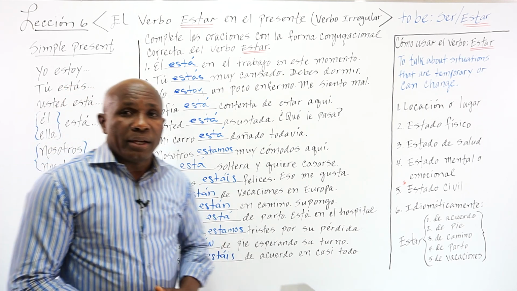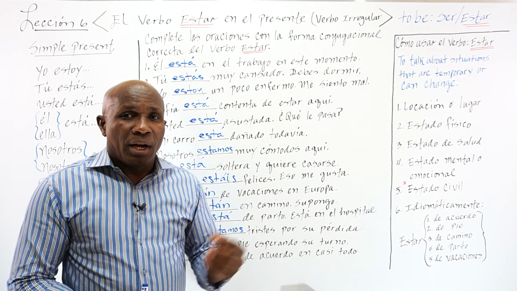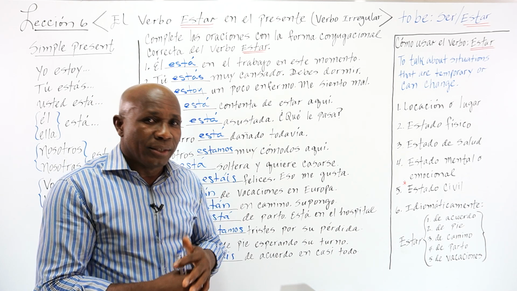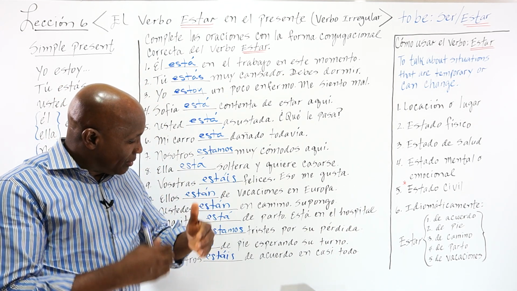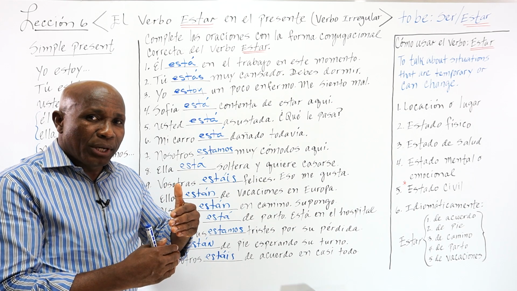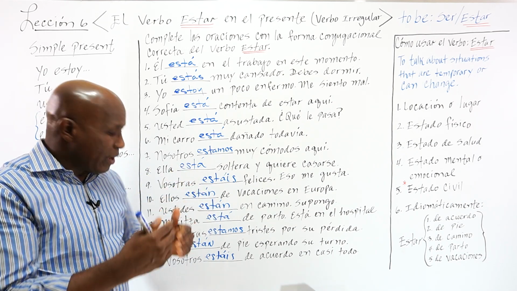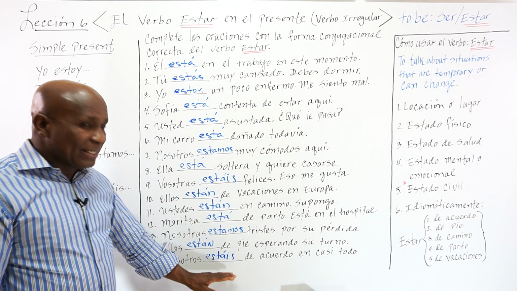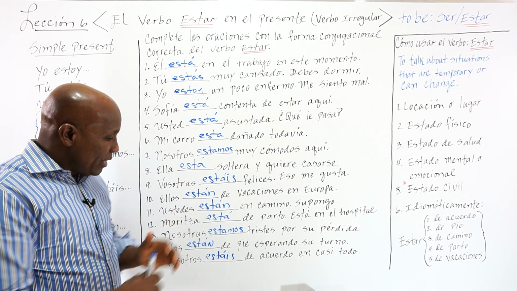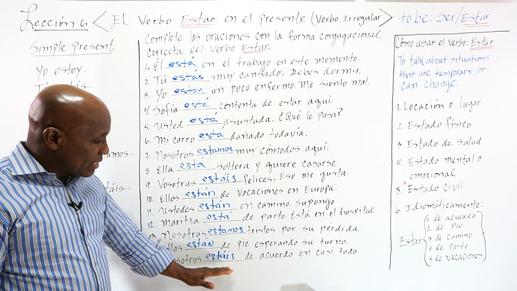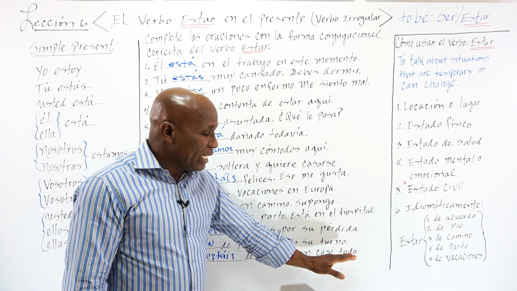Sounds like the expression in English, to see eye to eye. They seem to see eye to eye in everything. Vosotros estáis, o ellos están, they see eye to eye in everything. Vosotros estáis de acuerdo en casi todo.